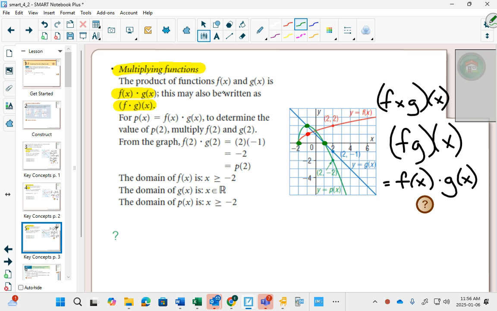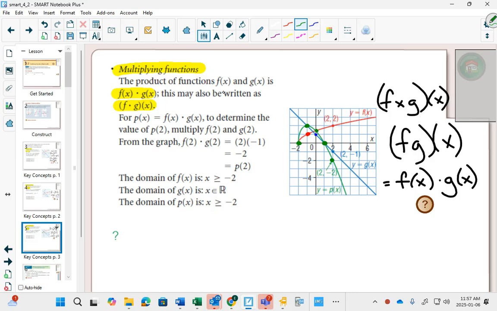Here, my blue graph is 1. Can you see that my green graph is right on the red graph at that point? So those would be important points to do. Then, of course, any points that are really nice, like this is 2 and 1, that's super easy to do.